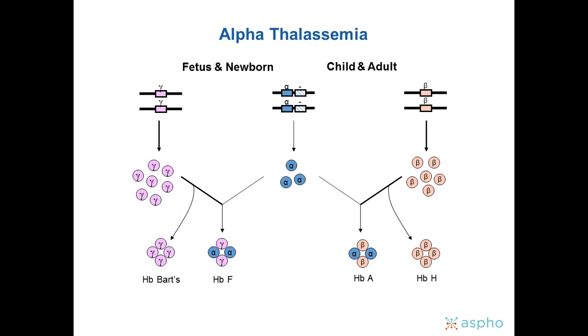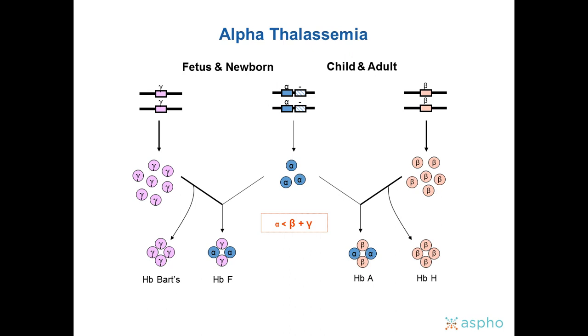That forms due to the excess of the beta globin chains due to the alpha deficiency. So in thalassemia, there's a deficiency of one, but it's the excess of the other that leads to the problem. In alpha thalassemia, there is an excess of the beta and gammas compared to the alphas. So here we can see that both fetuses and children and adults can be symptomatic of alpha thalassemia.